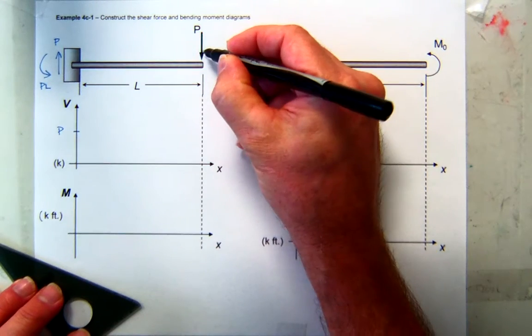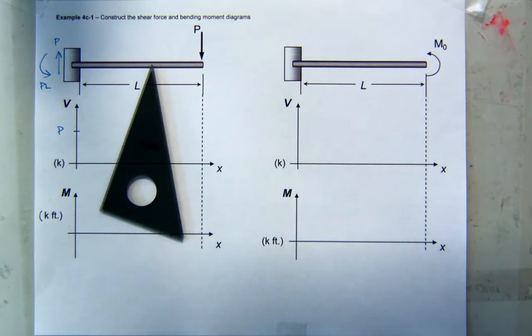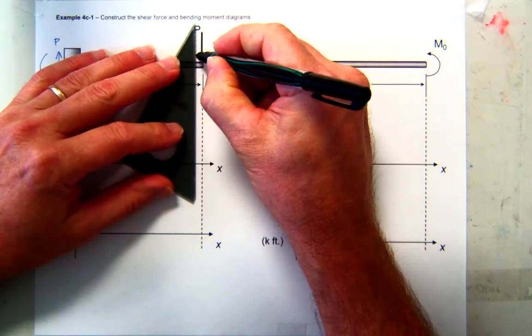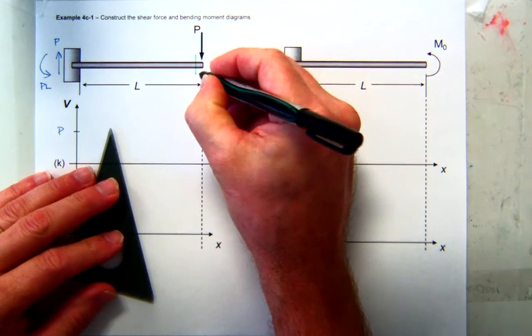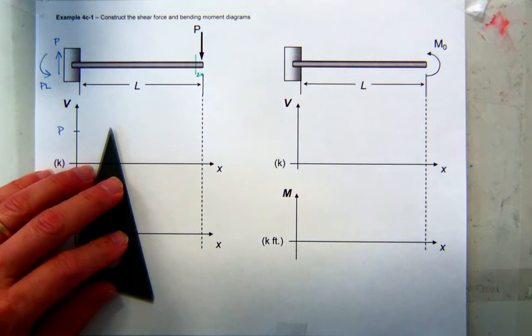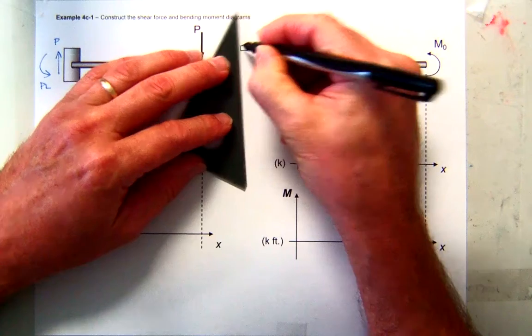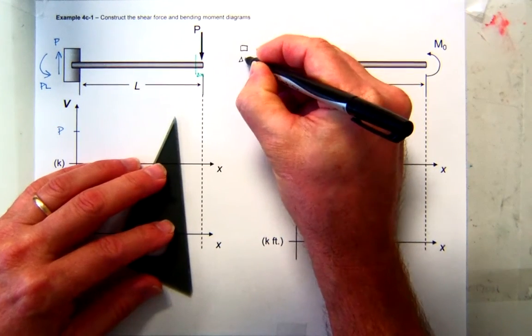If I looked at just a free body diagram of that very end where my force P is, and I made a little cut right there, just like dx from the end, all right? And I'll just draw that right here. So there's my little free body, dx.